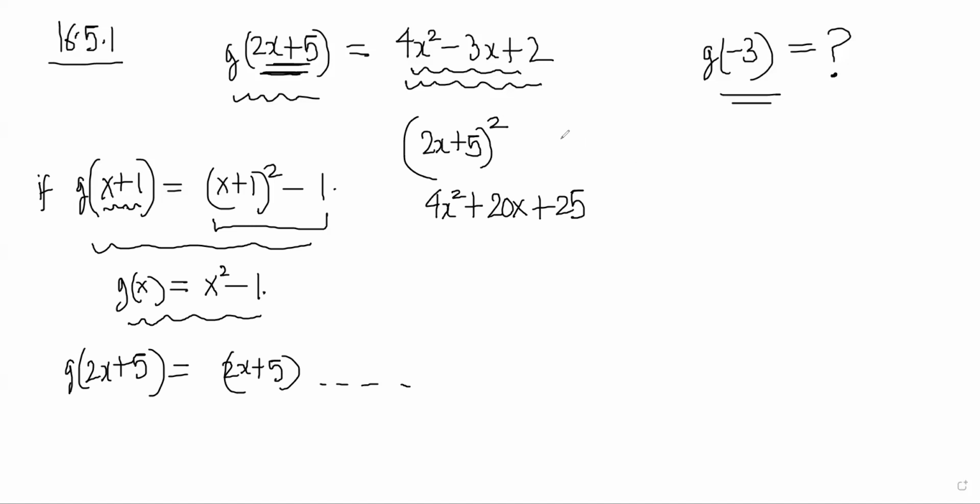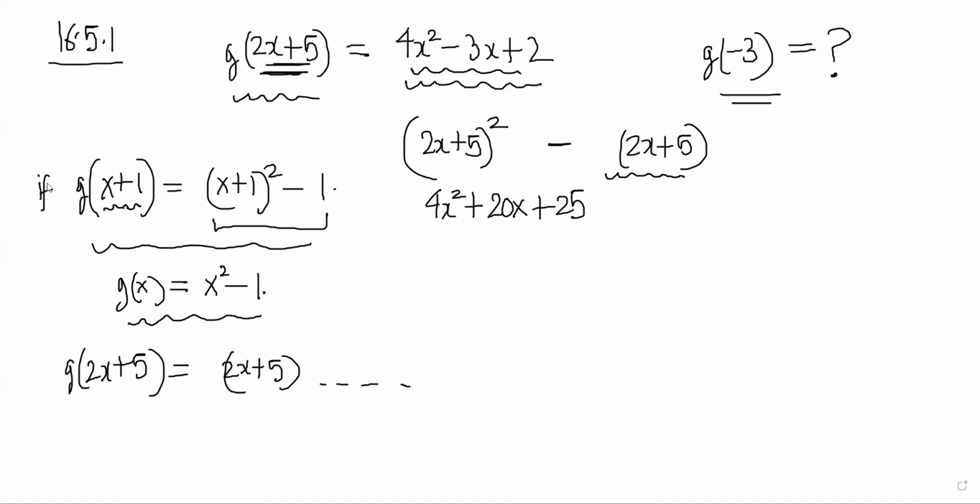Let's subtract a minus 12 times (2x plus 5). So you are subtracting a total of minus 24x. Okay, let's not do that. Let's just do 23x.